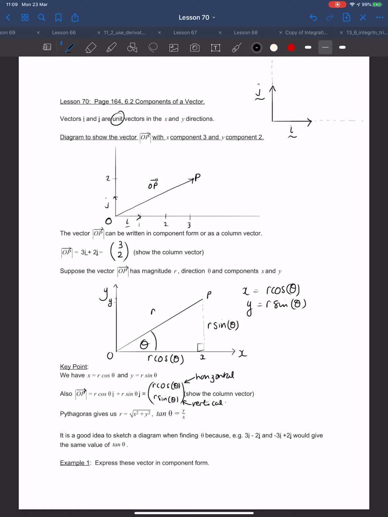So it's a good idea to sketch a diagram and find theta, because 3i minus 2j and minus 3i plus 2j would give the same value of tan theta.